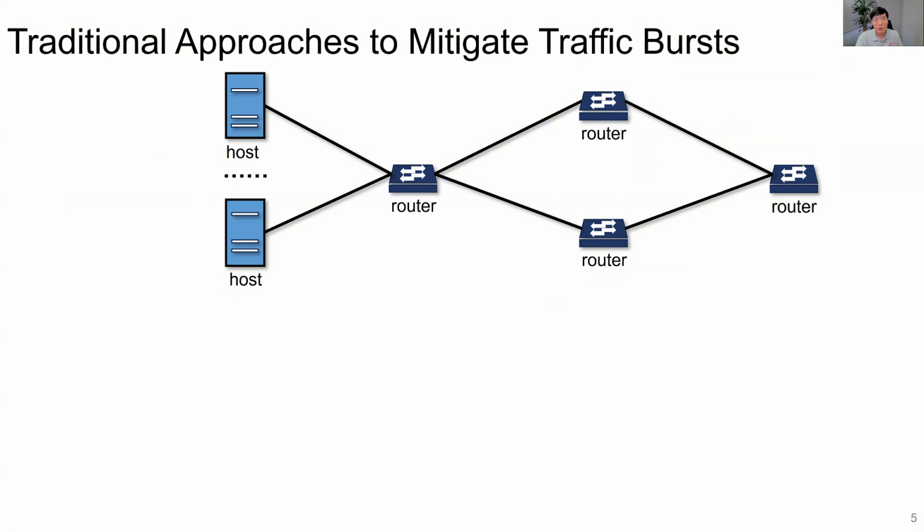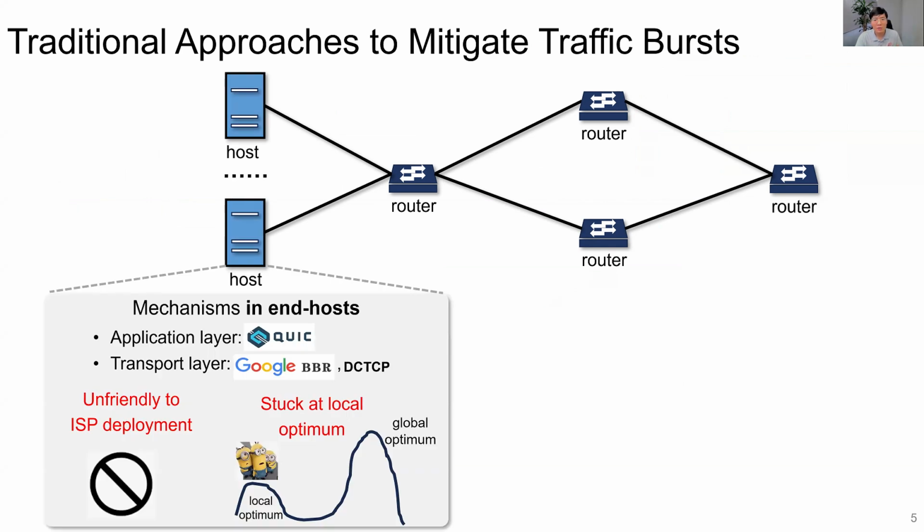There exist two traditional approaches to mitigate traffic bursts. Firstly, end hosts smooth out the sending rate by using flow control or traffic shaping, but they are unfriendly to ISP deployment and cannot avoid traffic collisions in the network.